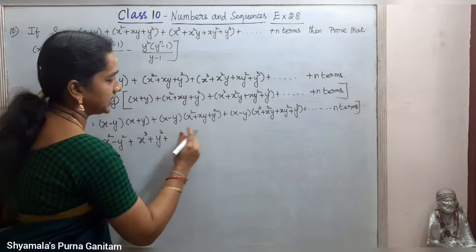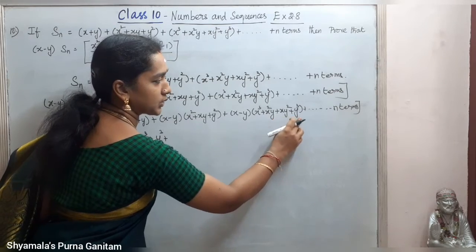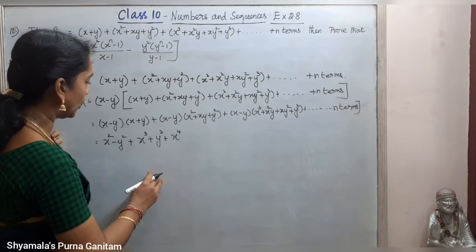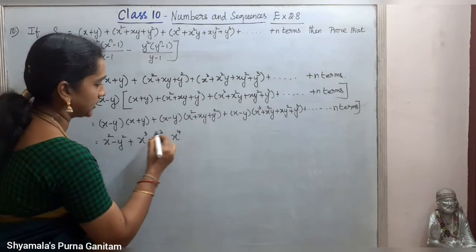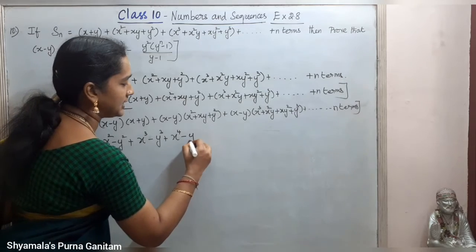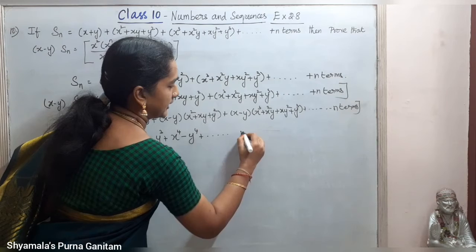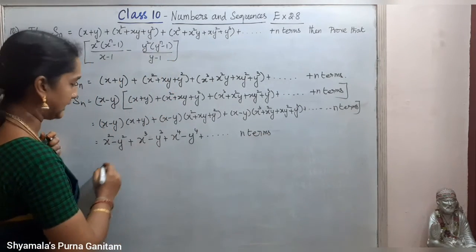Then plus x minus y into x cube plus x squared y plus xy squared plus y cube, when we multiply it will be x cube, sorry, x power 4 minus y power 4. Plus n terms we will get. So when we multiply with x minus y, we will get like this.